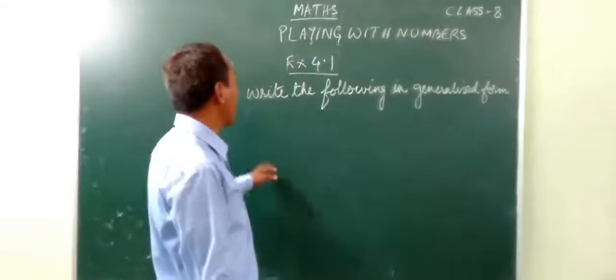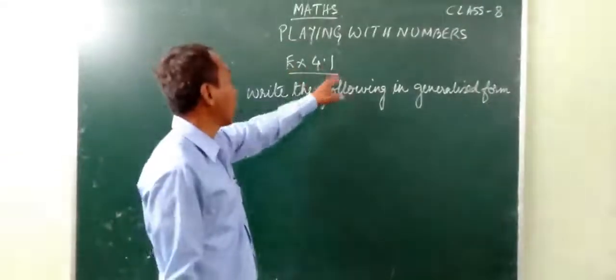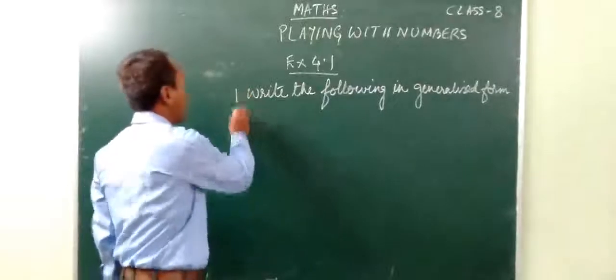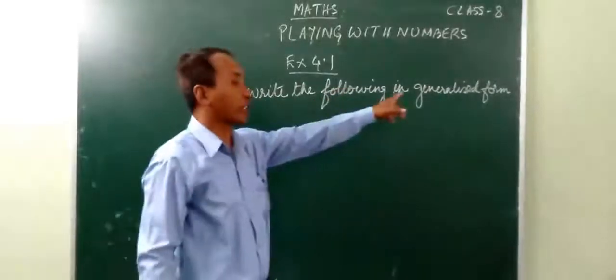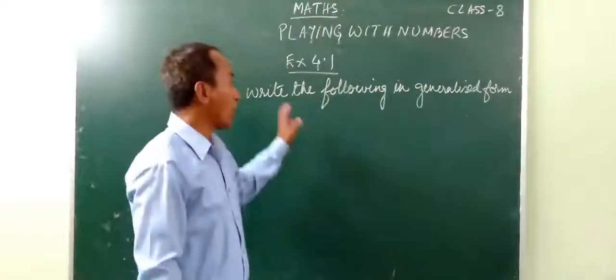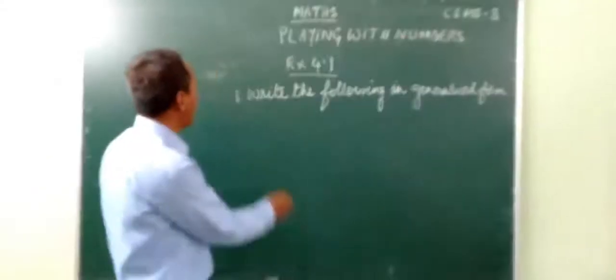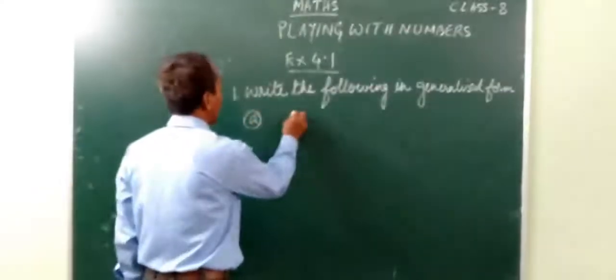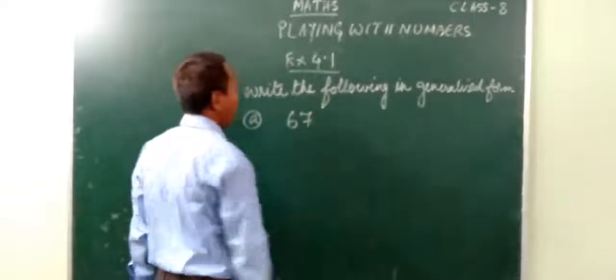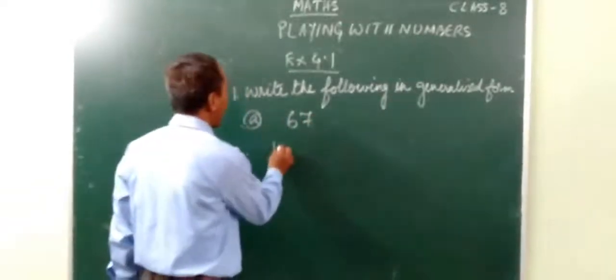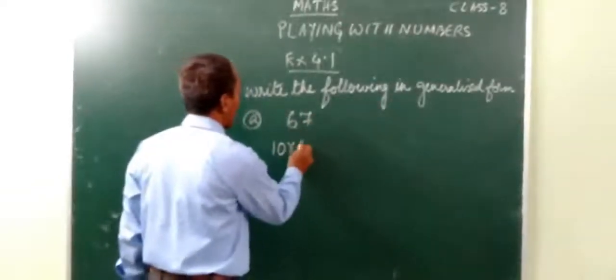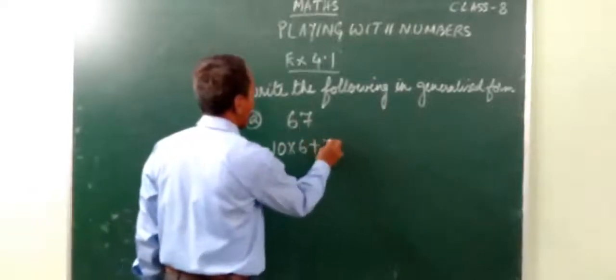Dear students, now we are coming to exercise 4.1. Question number 1: write the following in the generalized form. How will you write in the generalized form? Example, 67. How will you write it? 10 into tens place plus unit place.